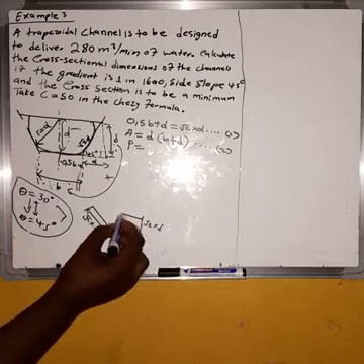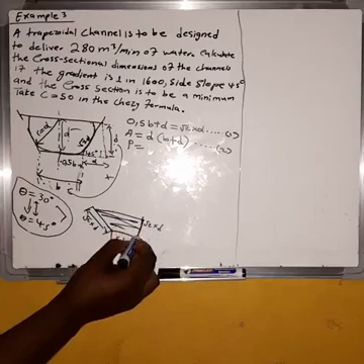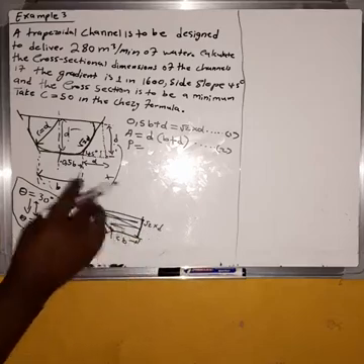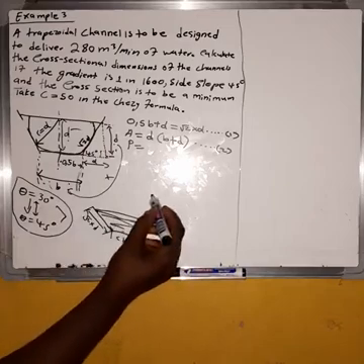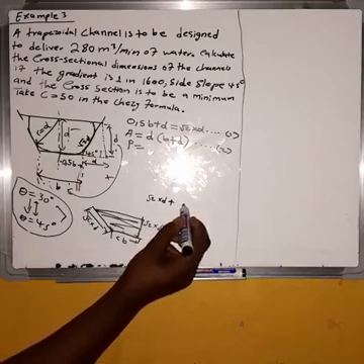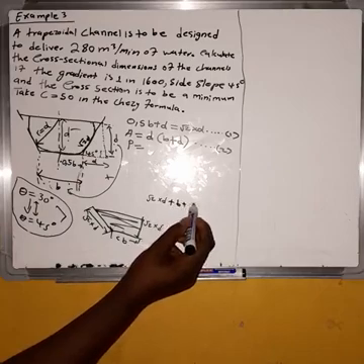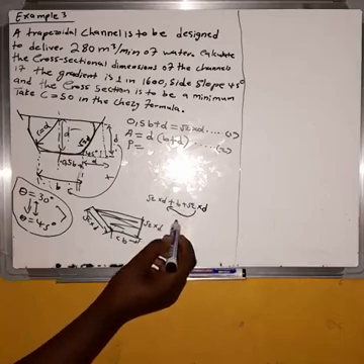Remember, this is full of water. If you are here, you travel like this, like this, like this. You sum up the three sides. When you sum up the three sides, square root of 2 times d plus b plus square root of 2 times d.